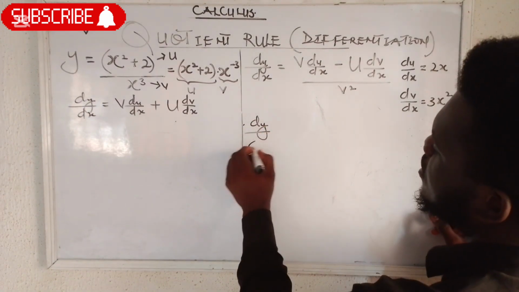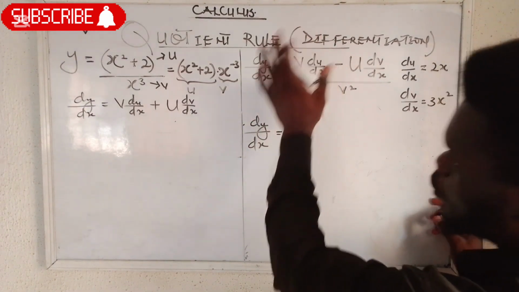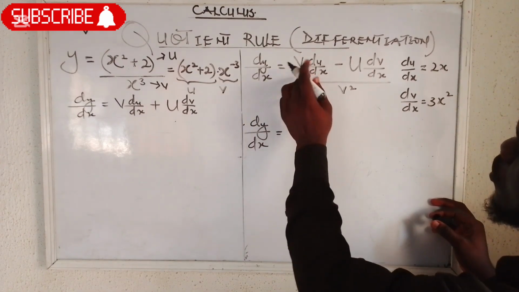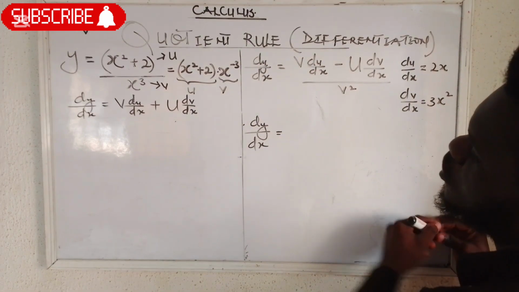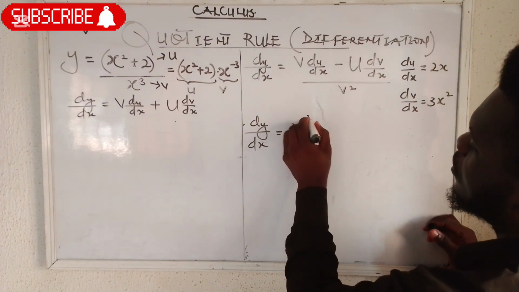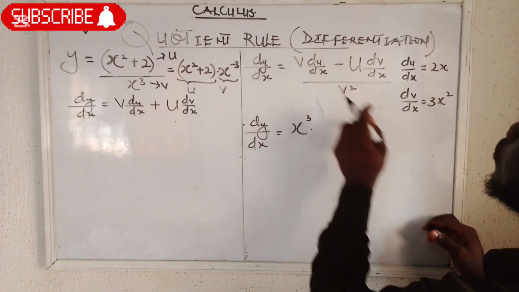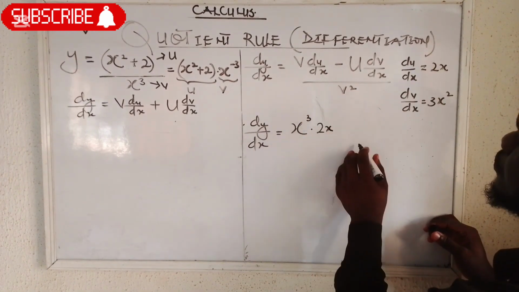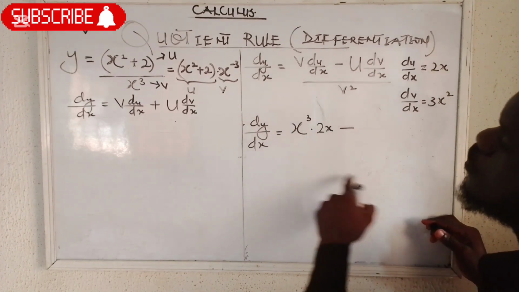So this is dy/dx. This is the quotient rule I'm using now. So dy/dx will be equal to v. What is v? We know that v is x to the power of 3, times du/dx, which is 2x, minus u. What is u?